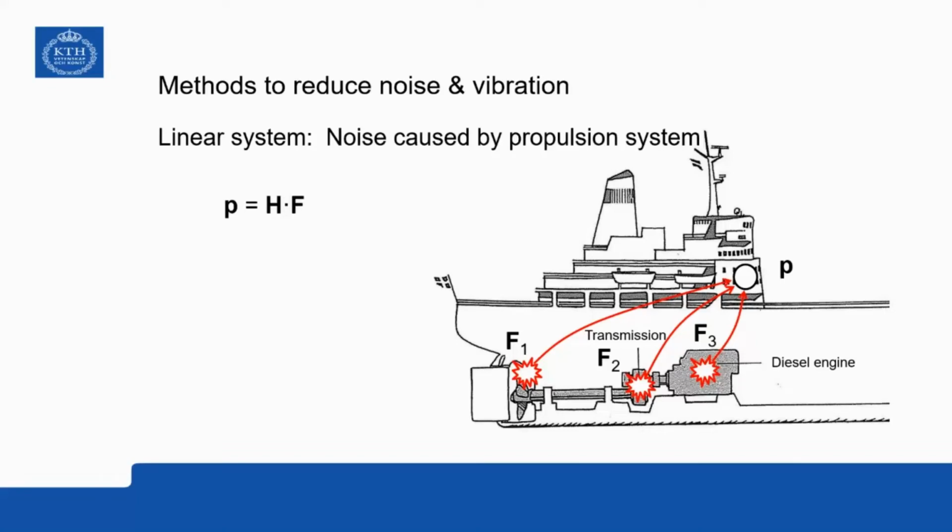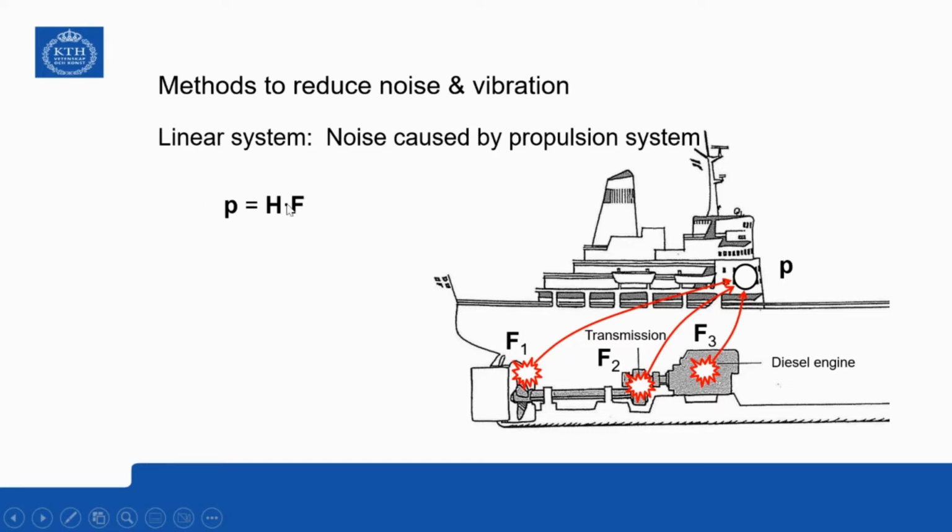In this part of the course, we are going to discuss different methods to reduce noise and vibration. And as you know, the whole course is based on the assumption of linear systems. So that means if we use this frequency response function approach, for instance, where we have a number of sources contributing to the noise in a cabin of this ship, we can represent the noise contributions as this linear relationship.